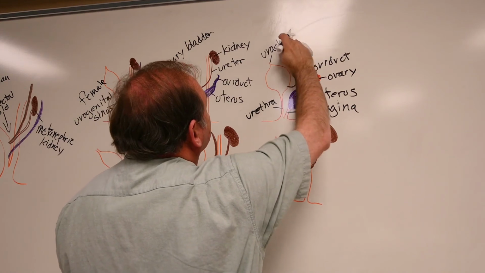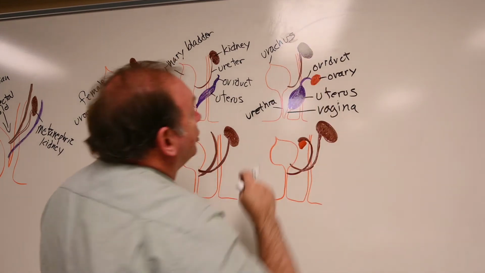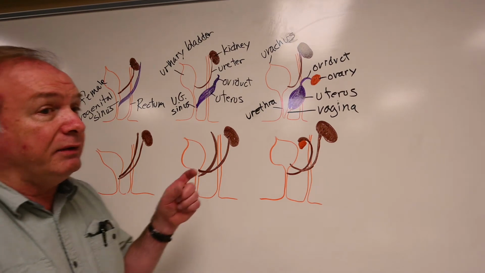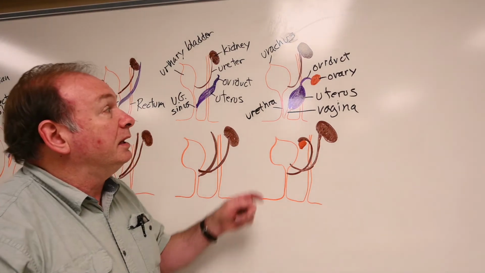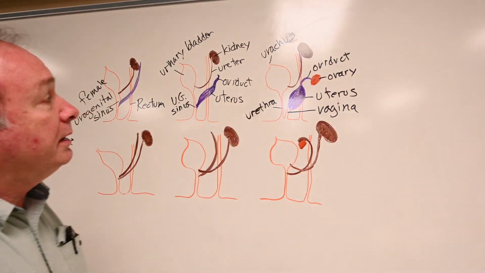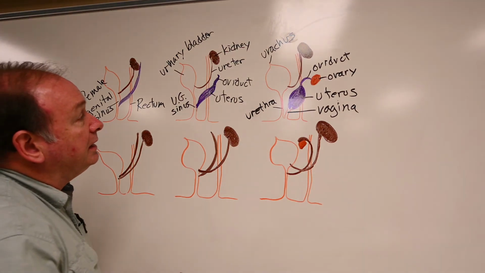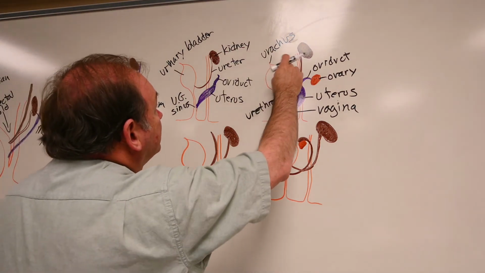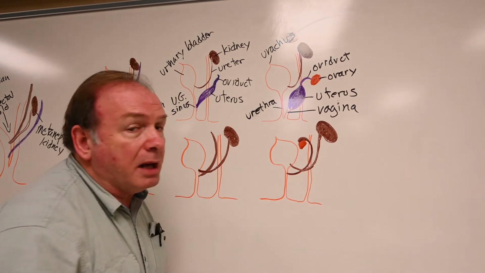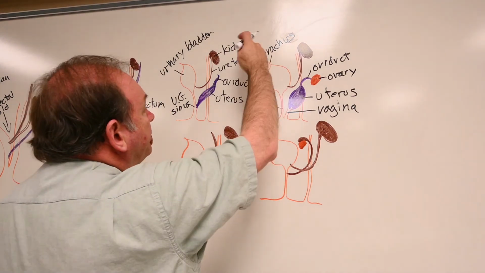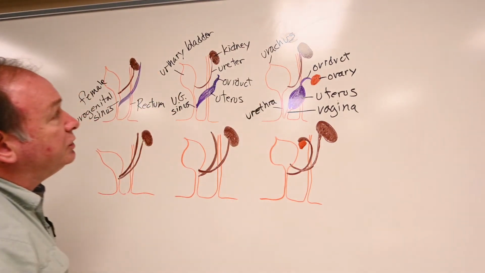I think it's US. Urachus. It's kind of an embryonic ligament that still attaches to the belly button, essentially the umbilical region inside. So anyway, that's not a major anatomical component in the adult, but it's something we identify at this stage, the urachus.